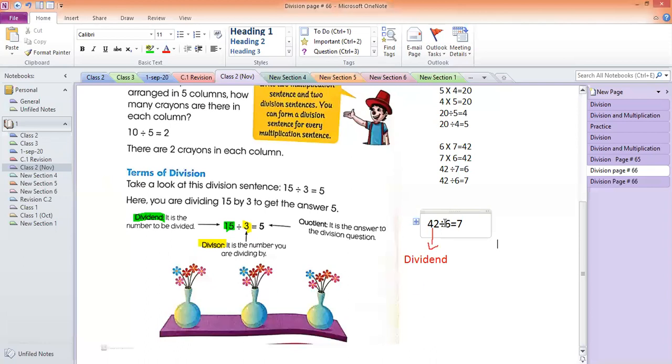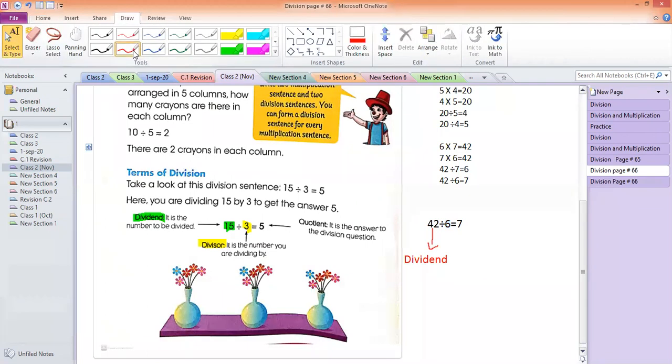Now what is divisor? Divisor is the number by which you are going to divide. You want to distribute 42 books into 6 equal groups, so you are going to divide 42 by 6. The number by which you are going to divide the dividend is known as divisor.